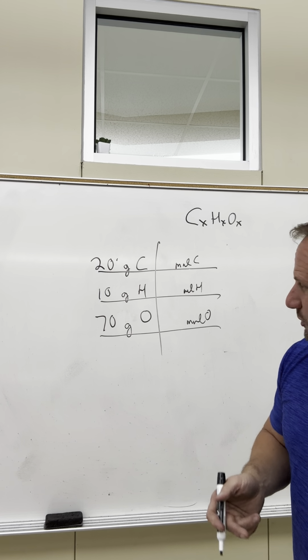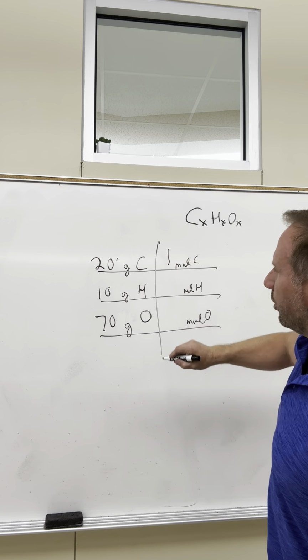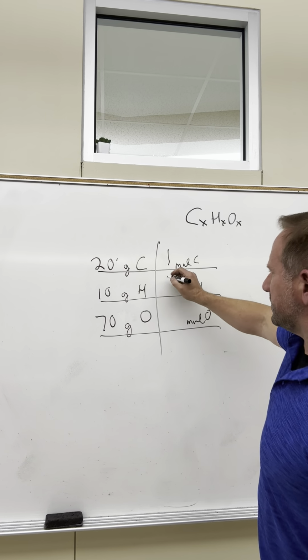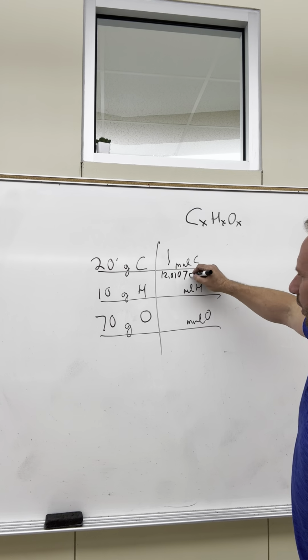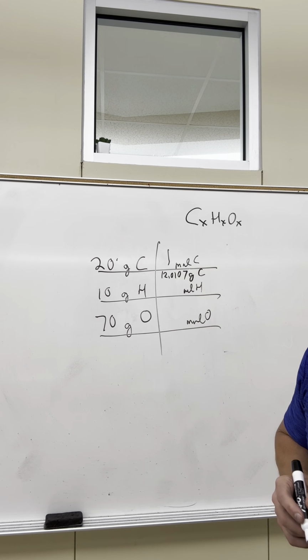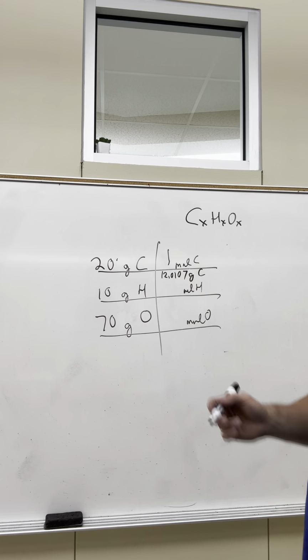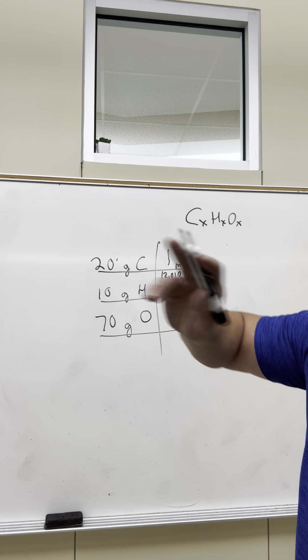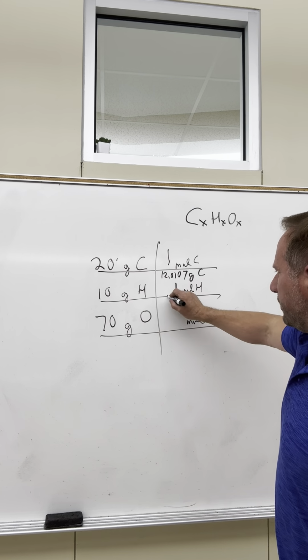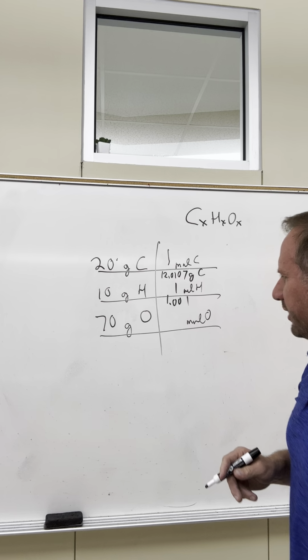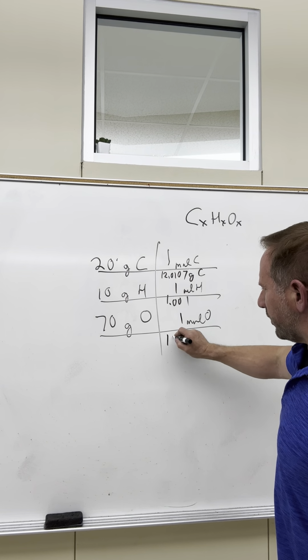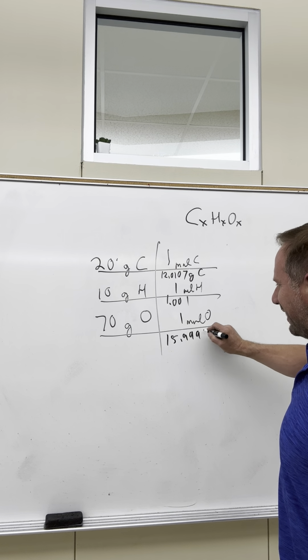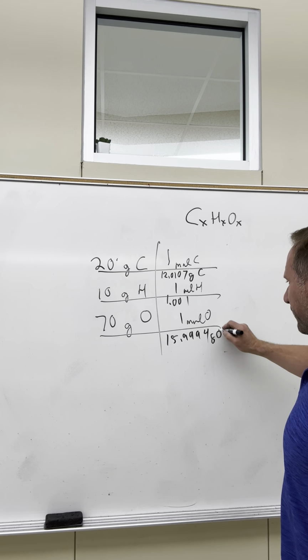And so then I'd go through here and say 1 mole of carbon, I'll look up on the periodic table, is 12.0107 grams of carbon. My 10 grams of hydrogen, well, 1 mole of hydrogen, you look up there and it's like 1.001 or something like that. And then my 70 grams of oxygen, 1 mole of oxygen weighs 15.9994 grams of oxygen.